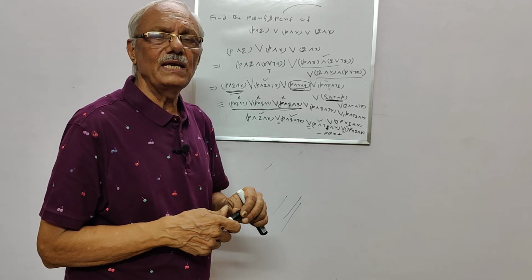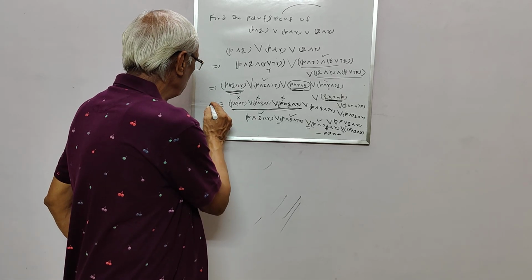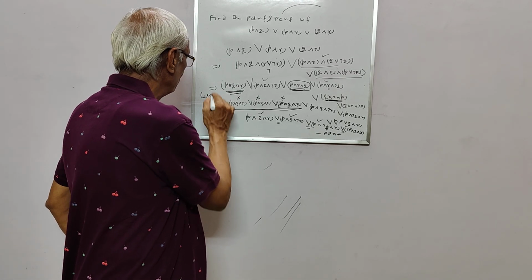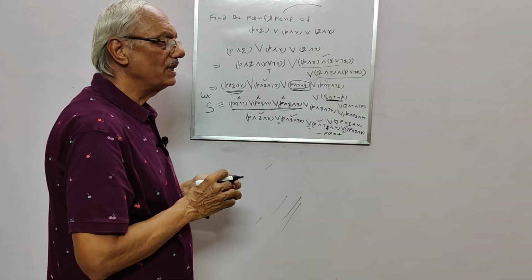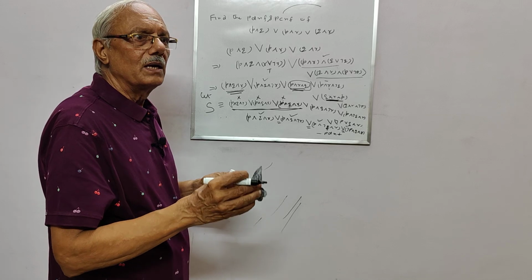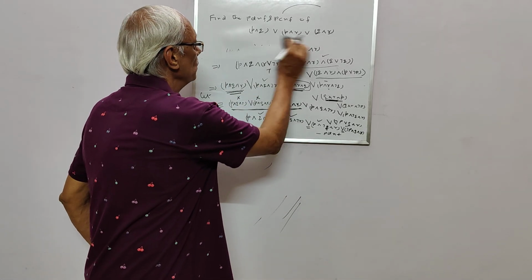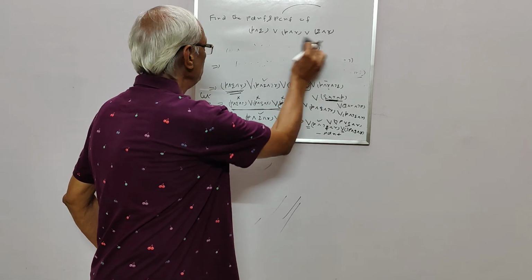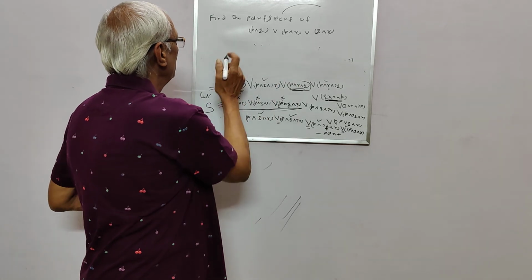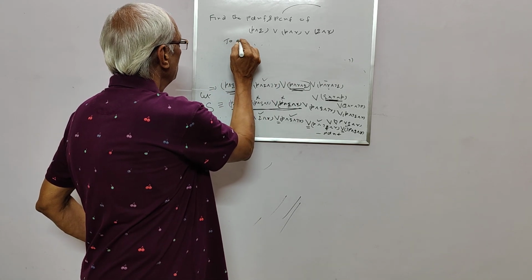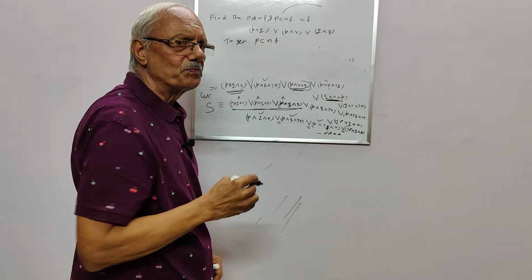Now, how to get the PCNF? So you call this your F. Let your S be equal to this one. Now how to get the principal conjunctive normal form? To get the PCNF, what is PCNF?